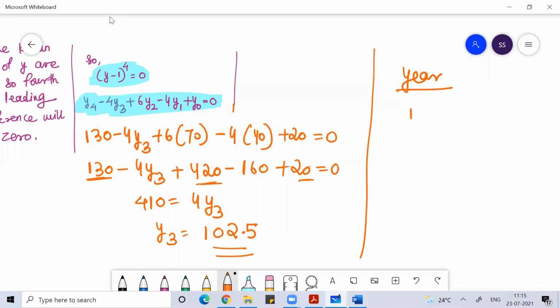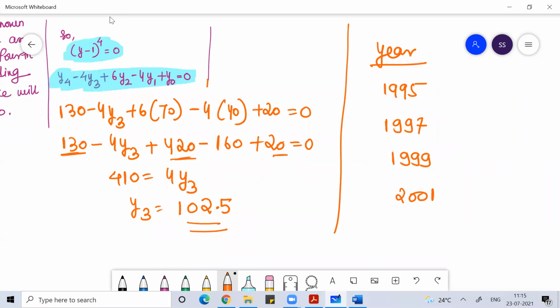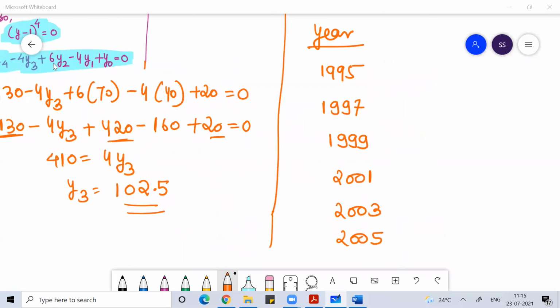this is 1995, then you have 1997, then 1999, then 2001, then 2003, then 2005, then production is given to you.